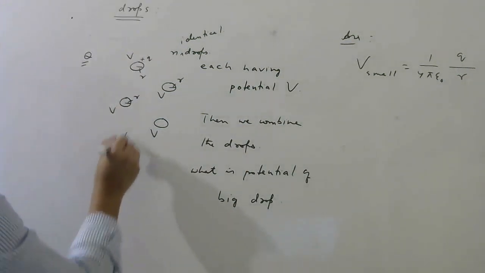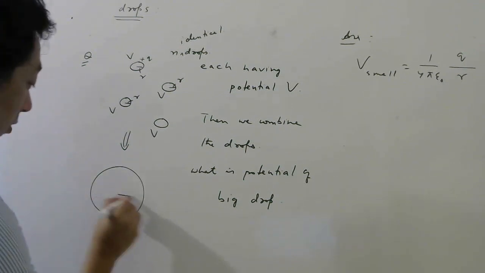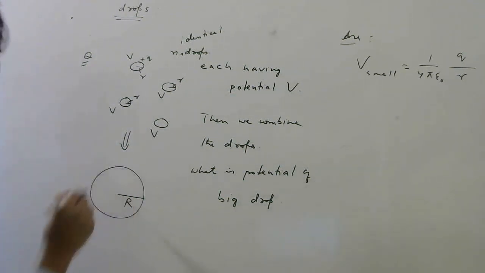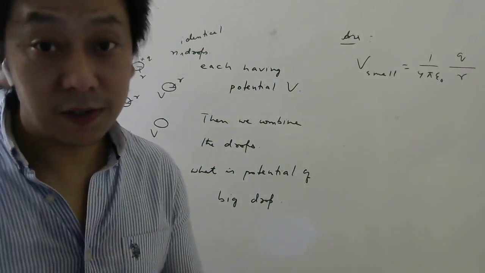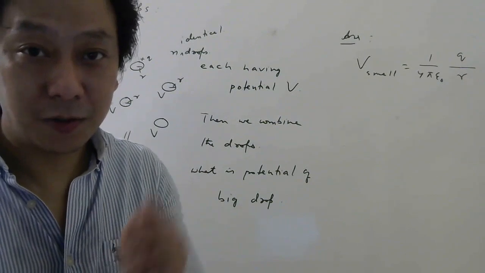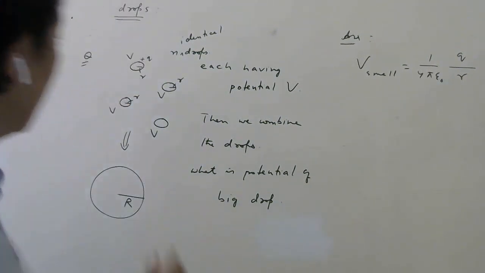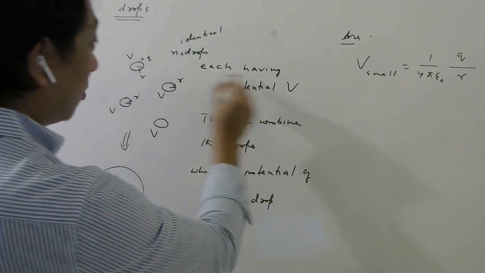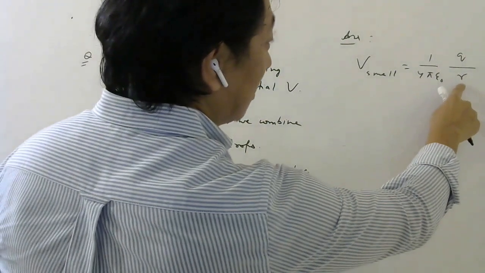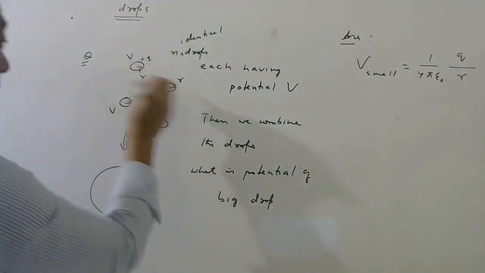Now when you combine these drops to form a big drop, the radius will obviously be bigger, let us write capital R. But the charge will be how much? Charges will obey the additivity rule. Remember that from the first few classes. So if q1 and q2 are given to a system, total charge should be q1 plus q2. Each one of them has the same potential and the same radius, so the charge also should be the same.